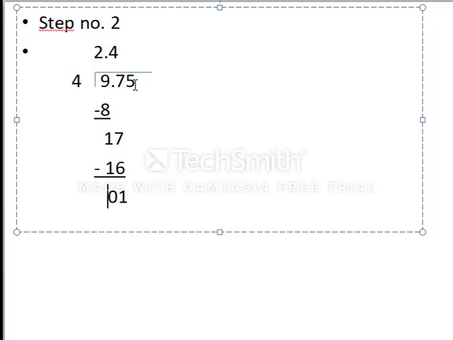Okay, now I have to take down the number 5. A number that multiplied by 4 is equal to 15. No number.